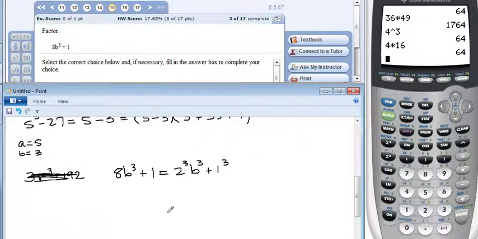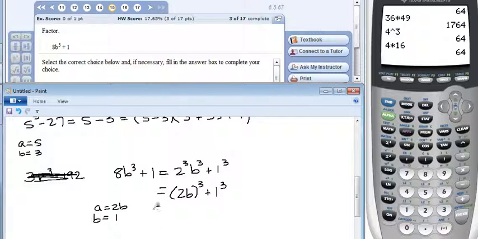Now I can put these in the same set of parentheses. All right, so now my a becomes 2b. It's all of this. And my b becomes a 1. It's just this.